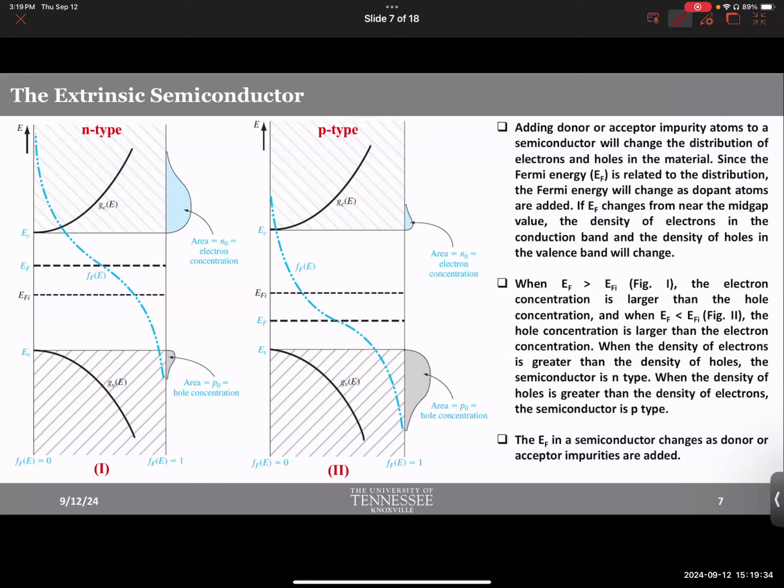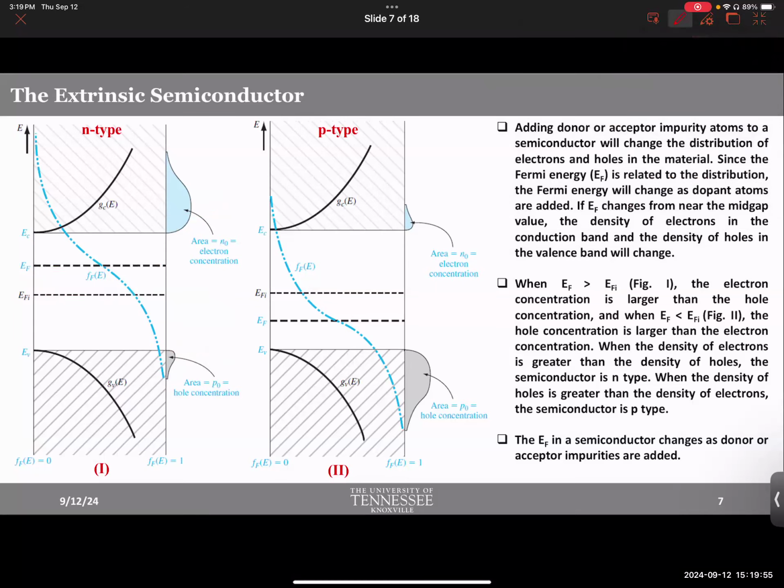If you could go back to the previous lecture and check the previous slide, you'd see for an intrinsic semiconductor, where you had the Fermi level in the middle, the number of electrons and number of holes were exactly the same. So N0 and P0 were the same.